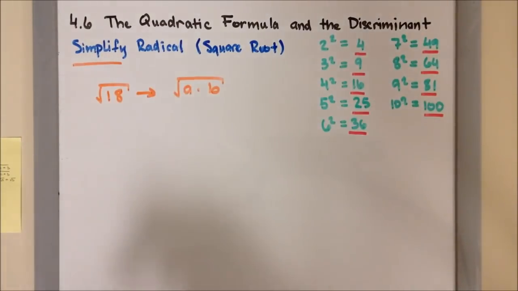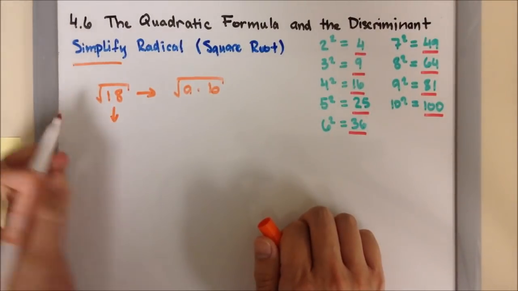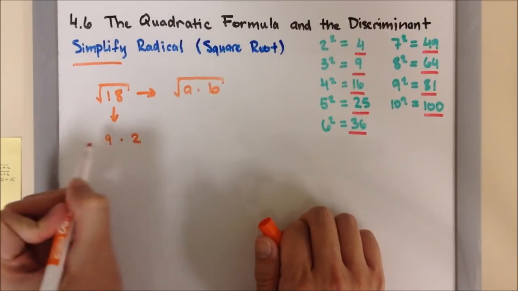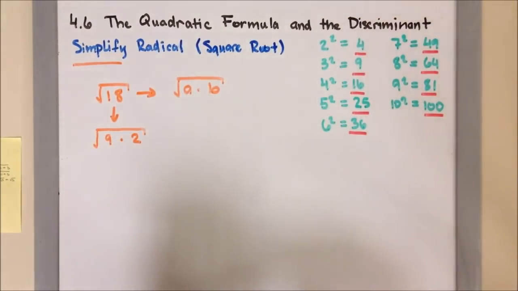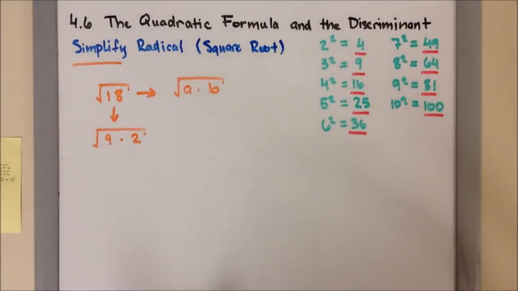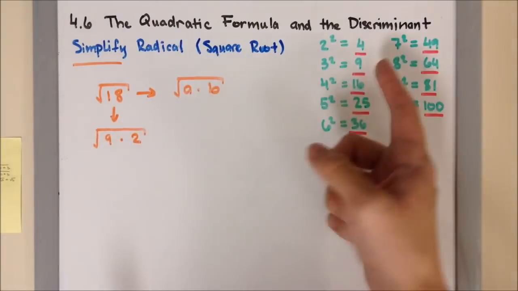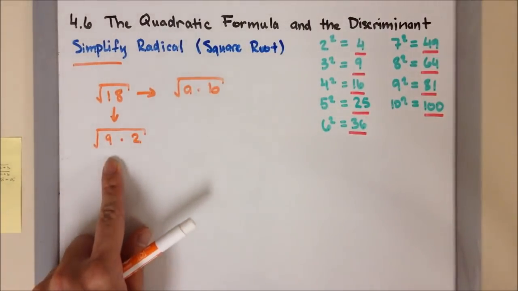So I can rewrite the square root of 18 as the square root of 9 times 2. Now the reason is, now you're able to pull a number that's a perfect square, in this case the 9.